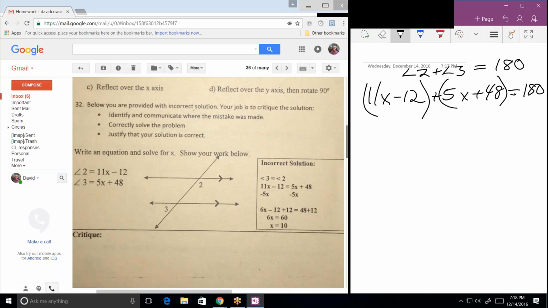In terms of justifying your solution, all you need to say is that these two angles are supplementary. Why are they supplementary? That's an interesting question. The obtuse and the acute angle that are created with two parallel lines and a transversal are always supplementary.